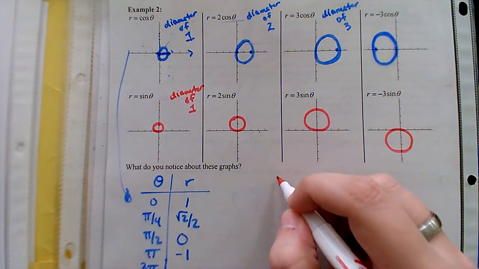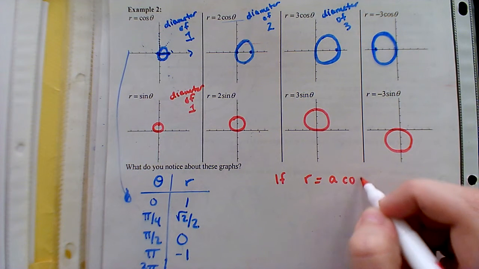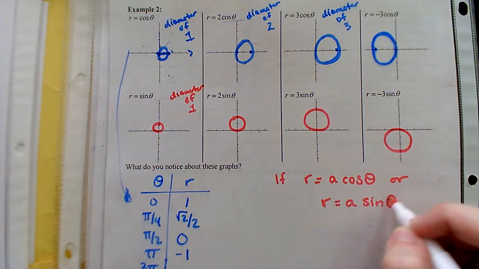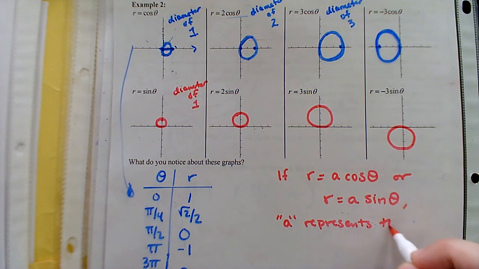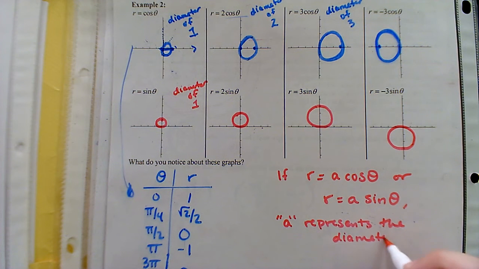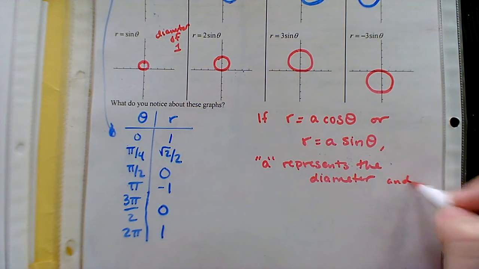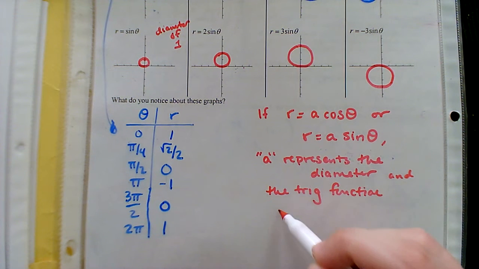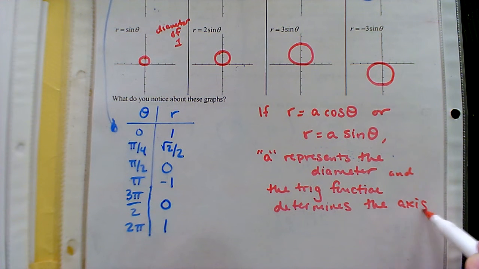All right, so maybe as a reference, we'll say if we have some equations that look like r equals a times cosine theta, or r equals a times sine theta, we notice that a represents the diameter, and perhaps we'll say, the trig function determines the axis.